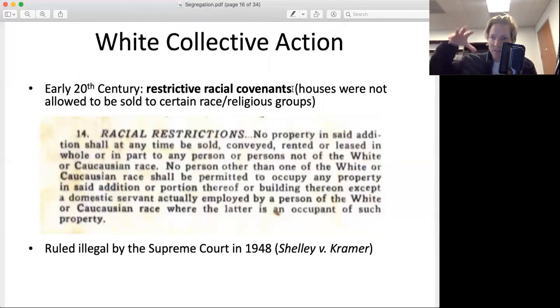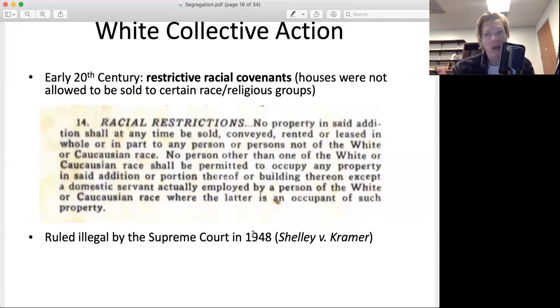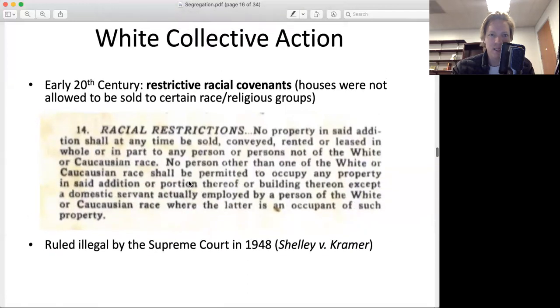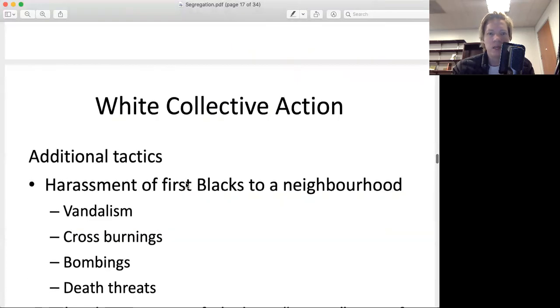It takes place at the city level initially, and then at the individual level, these are written into the deed of the house, so that when it's sold, it's not allowed to be sold to a non-white. These are eventually ruled illegal in 1948. So if you have a house that was built before 1948, you can actually go look at the deed to see if at one point it did have a racial covenant in it.